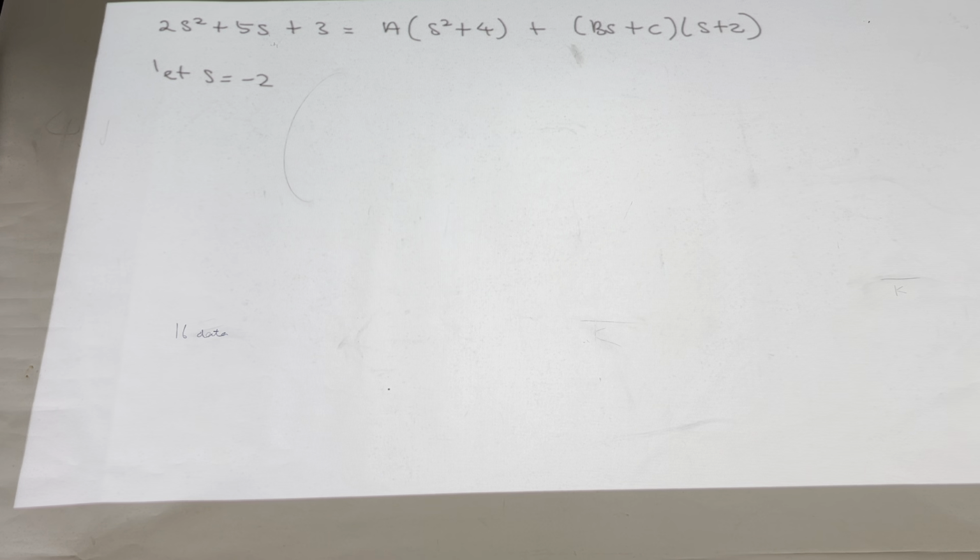Okay, so 2 multiply minus 2 squared plus 5 multiply minus 2 plus 3. So here minus 15. A times minus 2 squared is 4, plus 4 is 8.